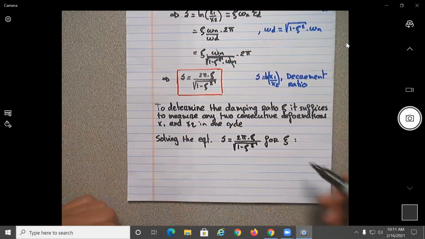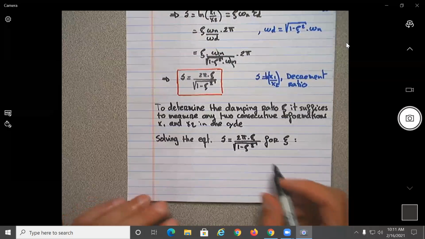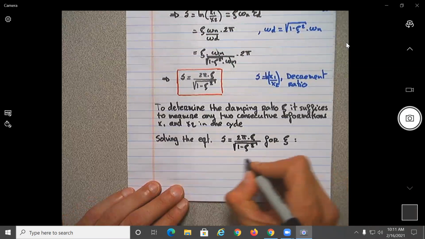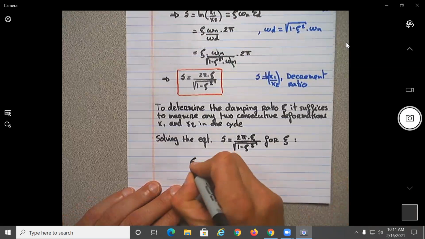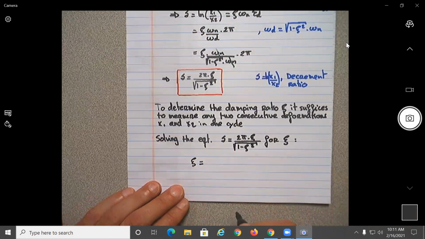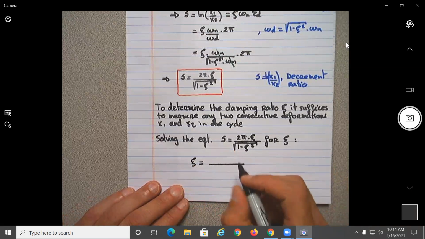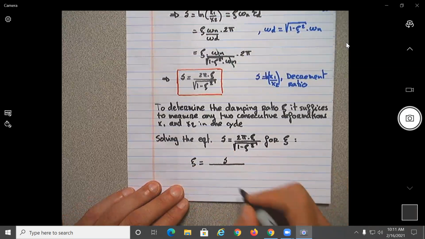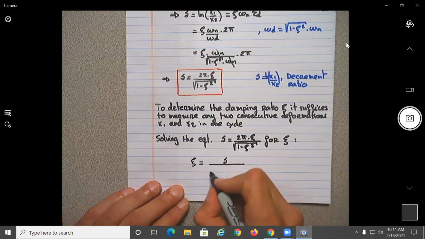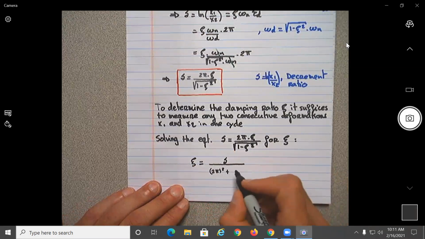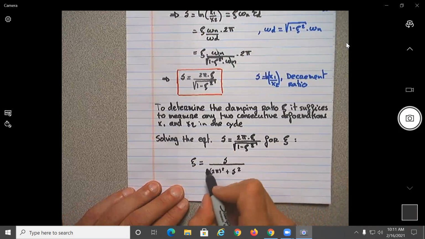This is not the important part; what's important is that you understand the process. If you solve this equation, you can go to Maple or MATLAB if you want. It's not difficult to solve, or you can do it by hand. You find that the damping ratio solution is given by delta divided by the square root of 4 pi squared plus delta squared.